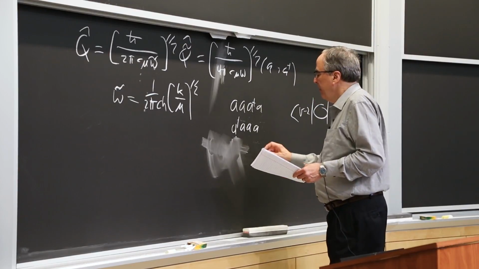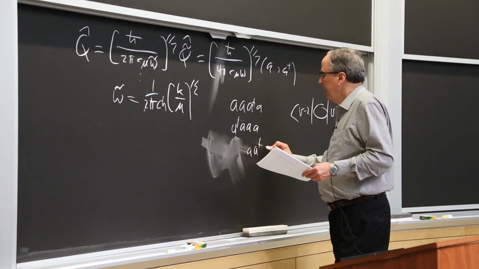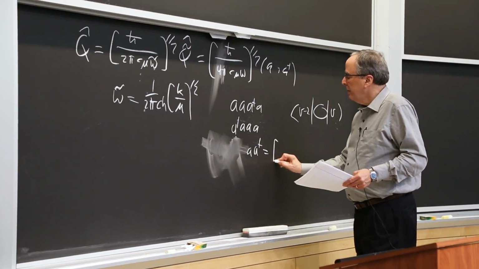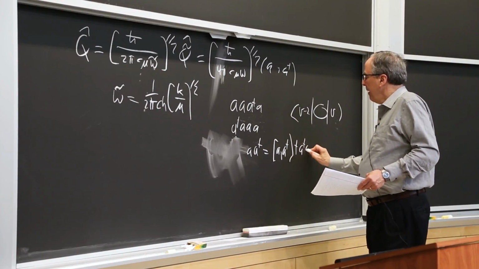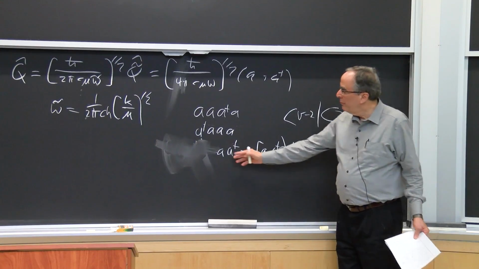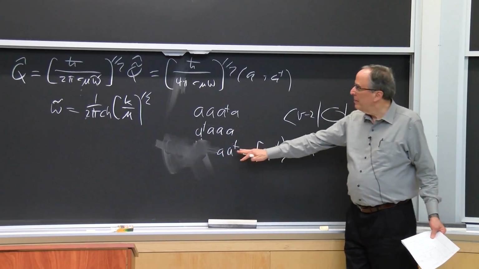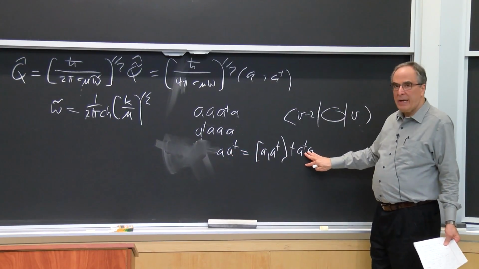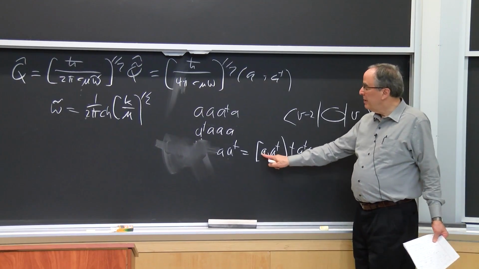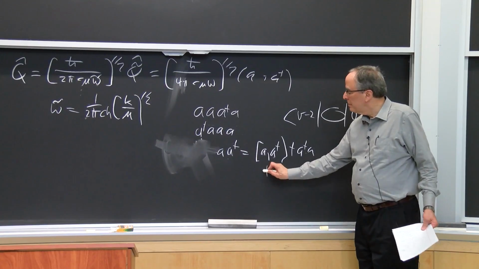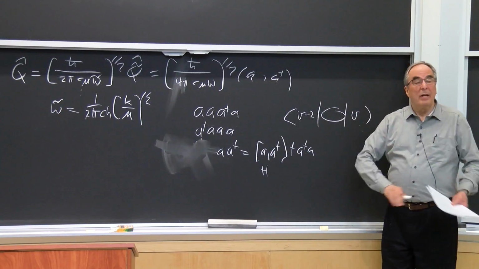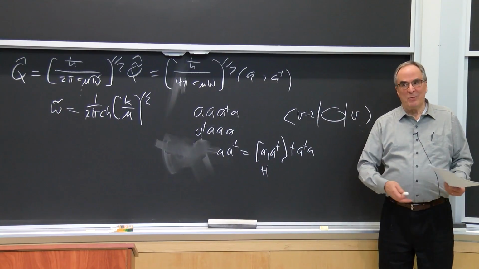So suppose we have an A A dagger, and we can write that as A dagger A plus 1. And so if we want to convert something like this to something like that, we know that this has a value of +1. So we can do that. And that's tedious, and you have to do it.